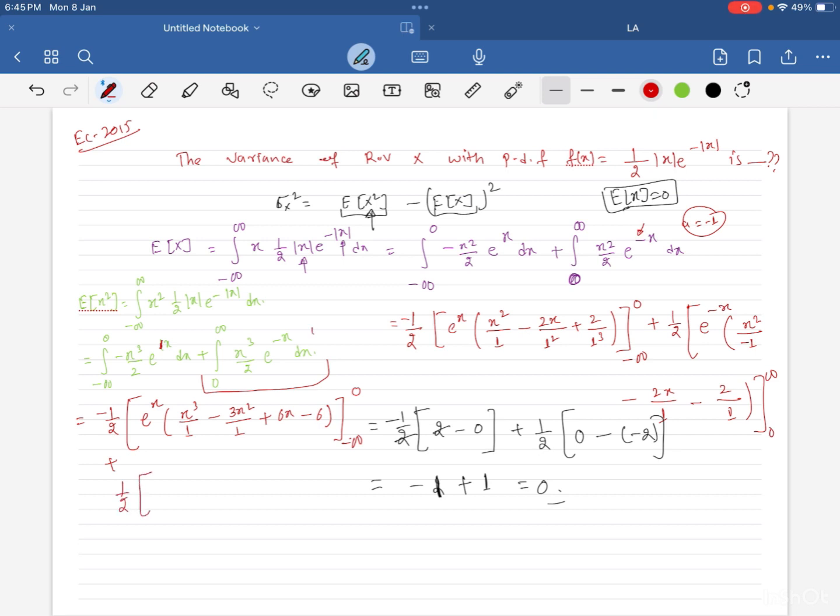And now this time a is equal to minus 1, so do it carefully. So here we will have e to the power minus x.